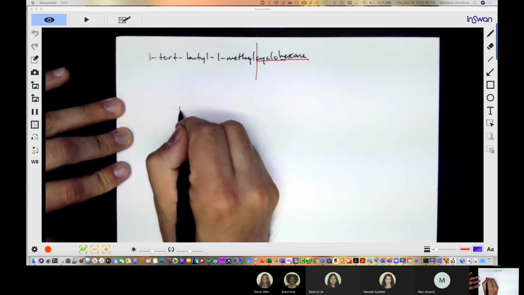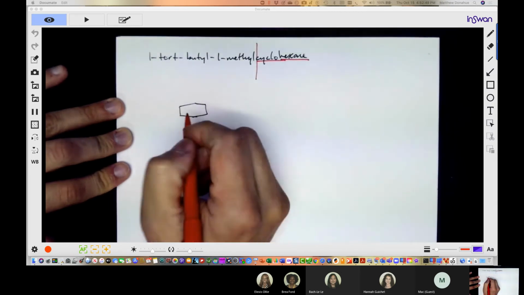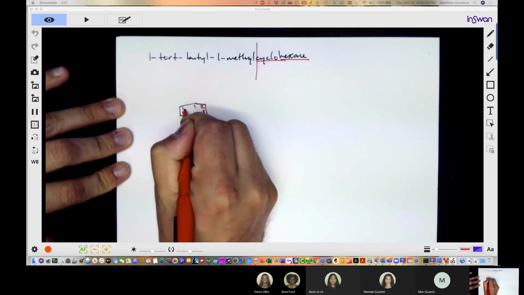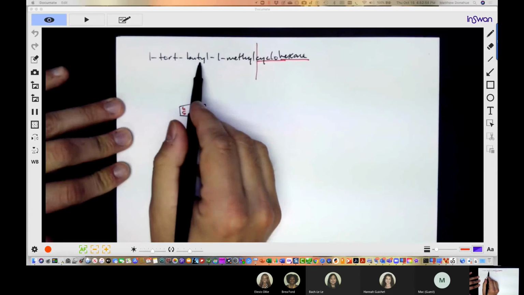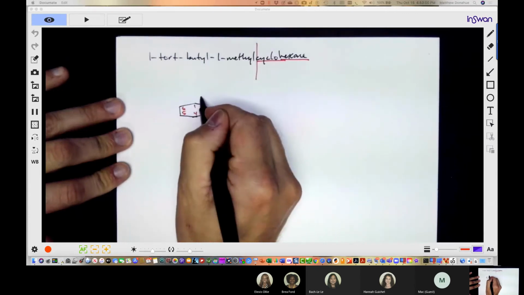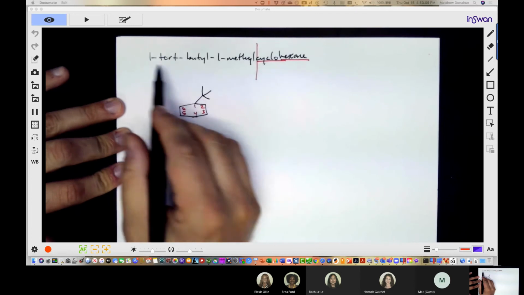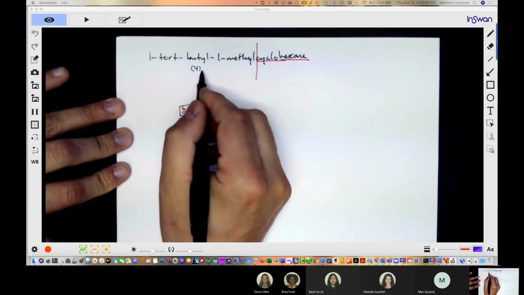So let's go ahead and draw a cyclohexane. There it is. Let's number it: 1, 2, 3, 4, 5, 6. This is saying at the 1 position there's a tert-butyl group. So what does this mean? Butyl is 4, right? That's a 4-carbon unit.